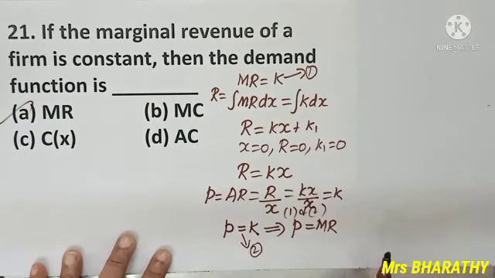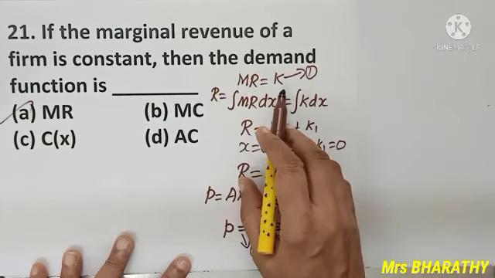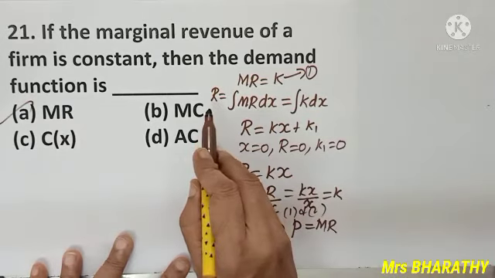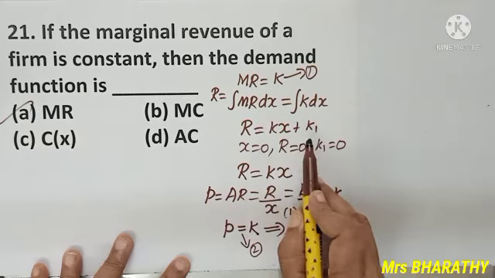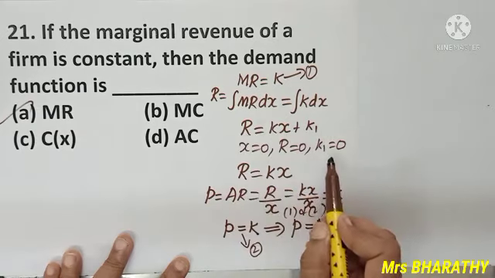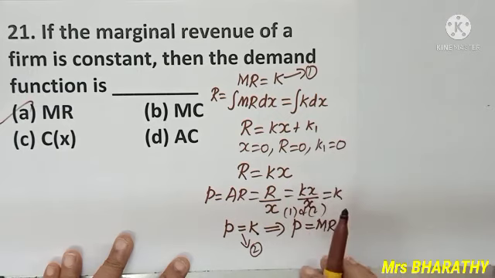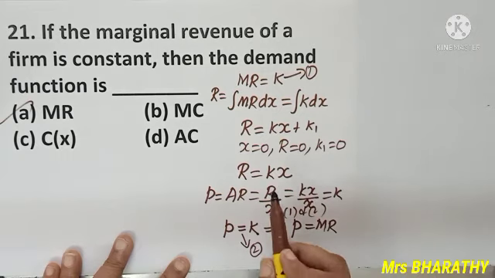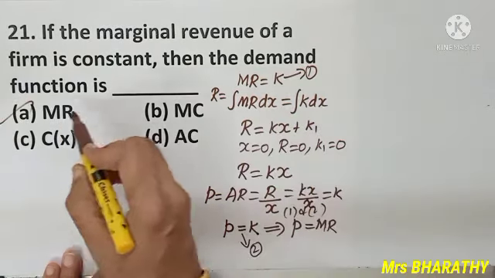Let us see once again. Given MR is K. As I integrate, I get R, the revenue as Kx plus K1. When I put X 0, R 0, I get K1 also 0. So, revenue equal to Kx. My question is to find the demand function.